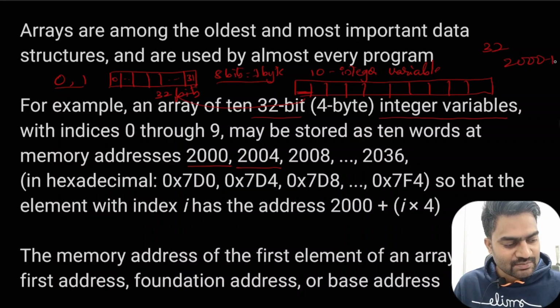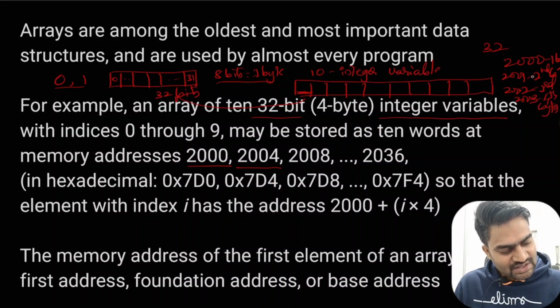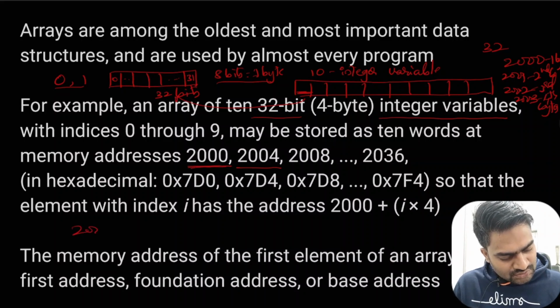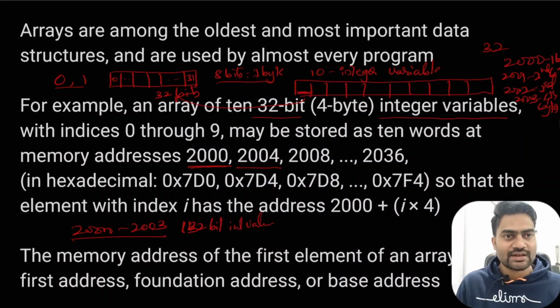This stores the first byte, 2001 stores the second byte, 2002 stores the third byte, and 2003 stores the fourth byte. Correct, right? So from 2000 to 2003, we store one 32-bit int value.